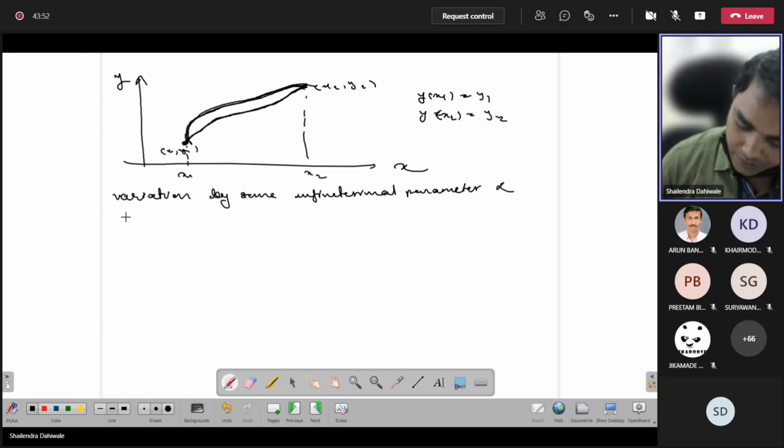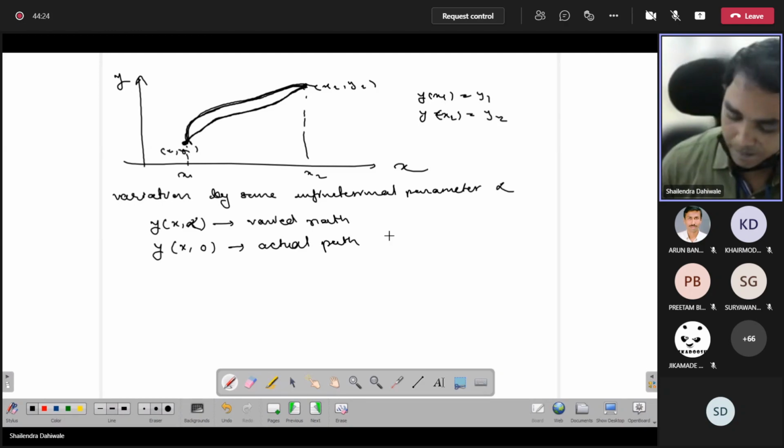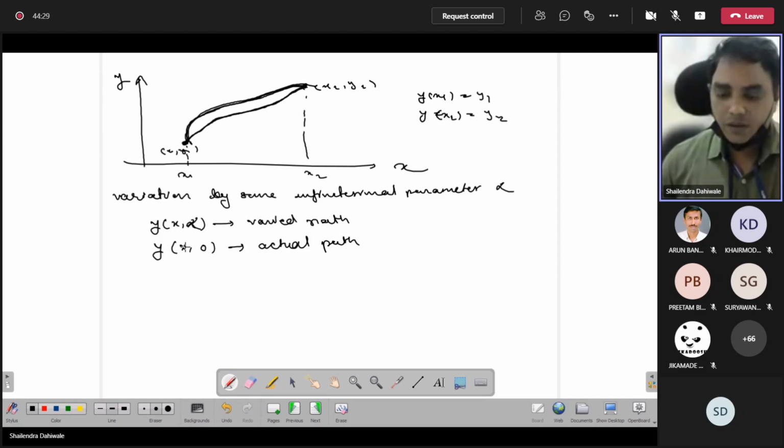What we are saying is that I have defined a function y of x, alpha. This is my varied path. And what is my actual path? The correct path at which alpha is 0. So y of x, 0 is my actual path, and I'm going from this actual path to the varied path.